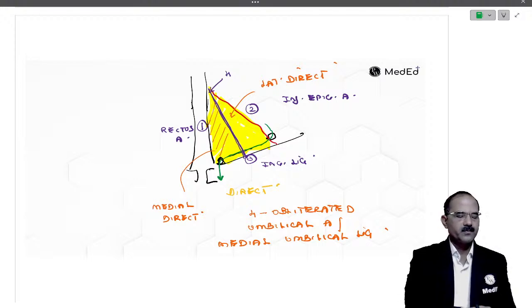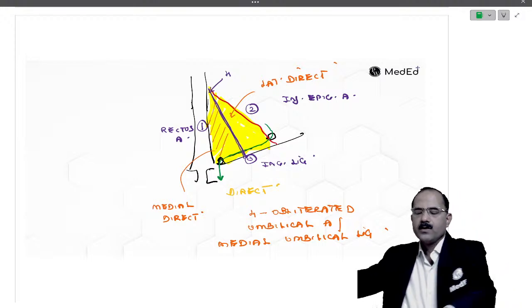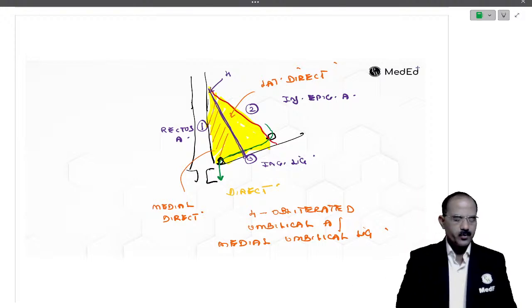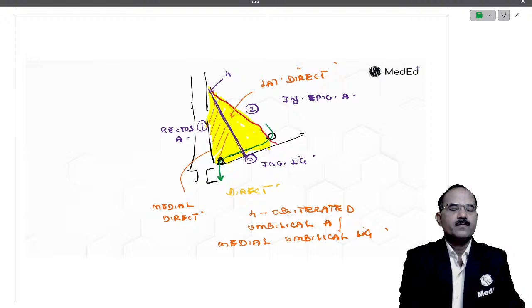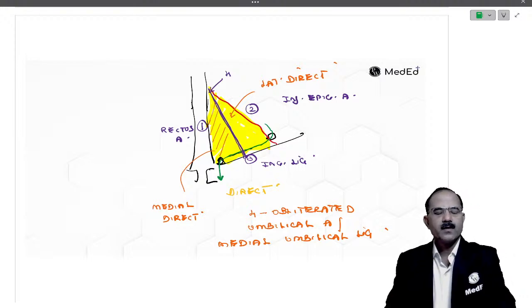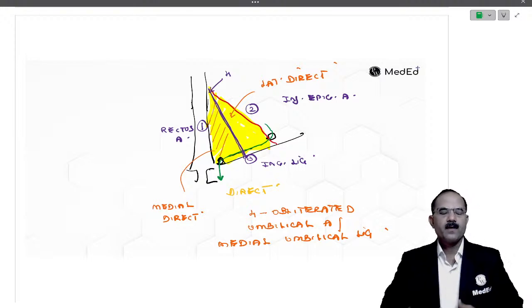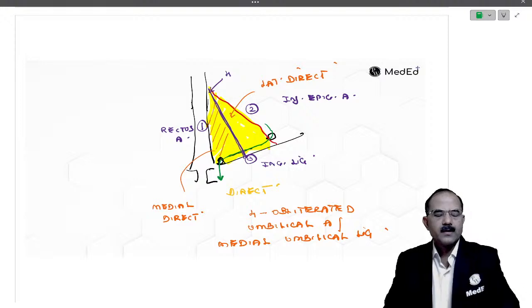So the Hesselbach's triangle is divided into 2 parts by the obliterated umbilical artery or the medial umbilical ligament. Clear?